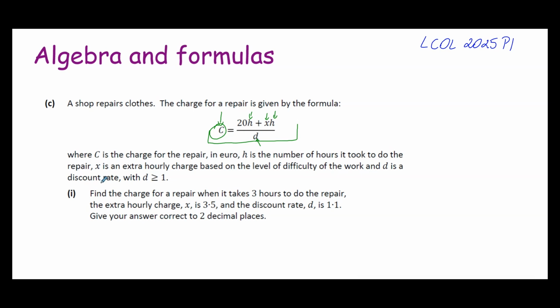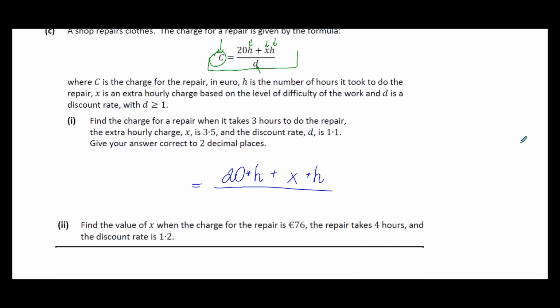Let's see. Find the charge for repair. So we are looking for C. That means they are giving us other numbers. So let's write the formula and replace the letters with the numbers given to us in this particular part. For a repair that takes 3 hours, we have the first value, H, so we remove H and put 3 in its place.